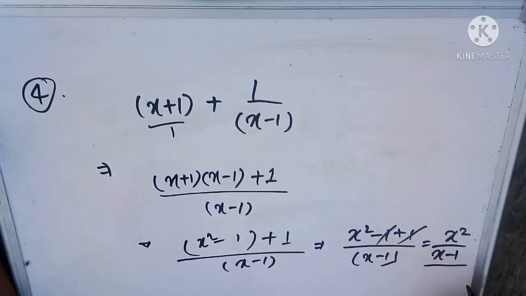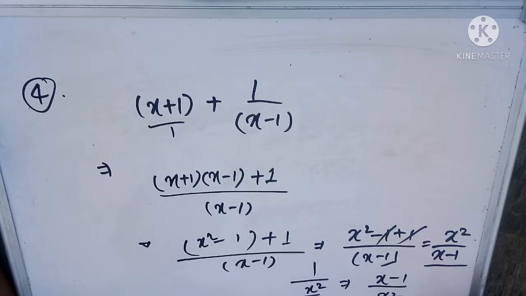Now we will find the multiplicative inverse. For finding the multiplicative inverse of any number, we need to find the reciprocal of it. So here the reciprocal of this number will be equal to x minus 1 by x square.